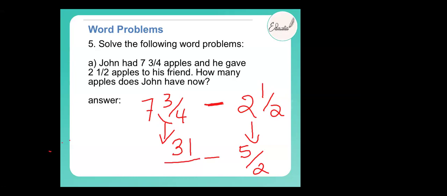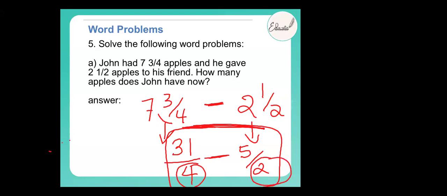So it is 31 over 4. Now, we have studied that you cannot add or subtract unlike denominators, right? If there are unlike denominators, you convert them into like denominators.